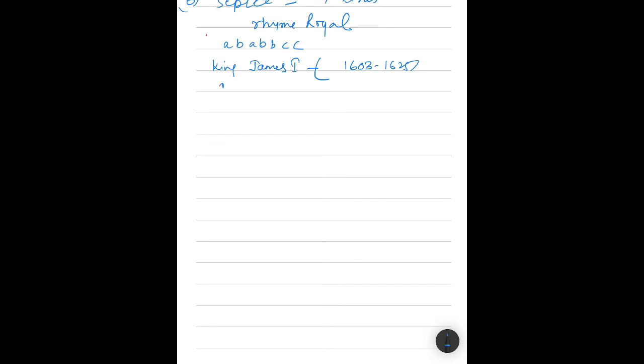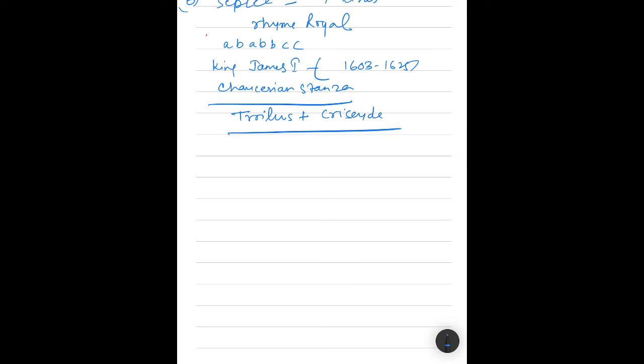It is also known as Chaucerian stanza because it was Chaucer who made it popular, and Chaucer wrote his poem Troilus and Cressida, and there in Troilus and Cressida he used this pattern of 7 lines, that is rhyme royal.